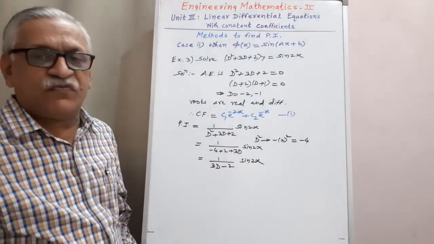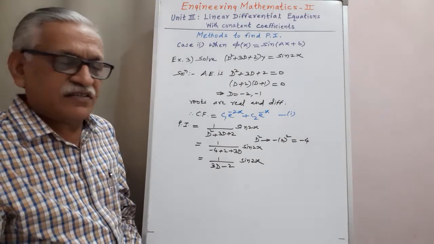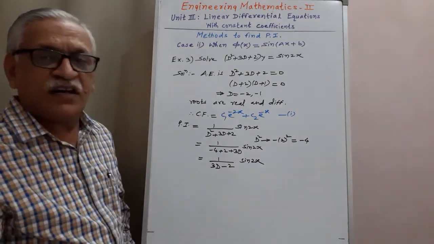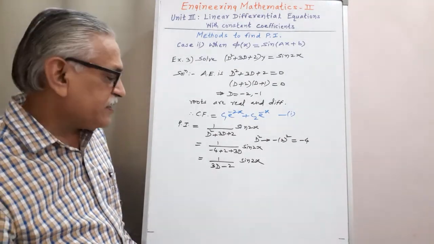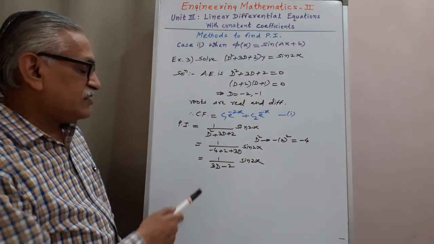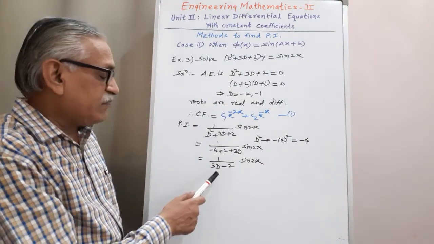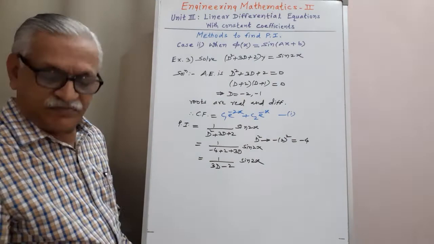For further replacement we need a term of D square, but here we have only a term of D, and therefore to obtain that term of D square, we have to rationalize this.